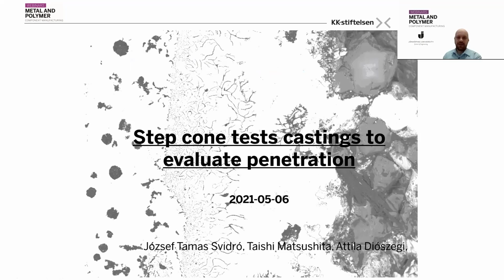It might be familiar to some of you working in the industry, and it's quite known in research. And during my first couple of minutes, I will show you how to use step cone castings, why it is a great tool, and I will try to explain it through a case study we have made before.